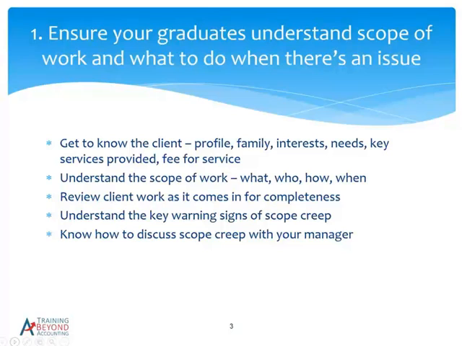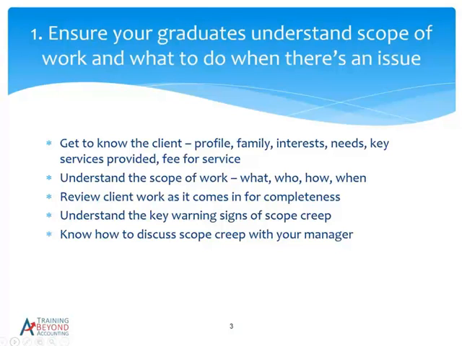And I think that the first thing we need to do is think about the way that we're communicating the scope of work, because we've found ourselves that often, even at manager or partner level, the scope of work is a bit fuzzy. So we have to make sure that everybody who is in a position to be giving work to a grad can explain the exact specific scope of work.